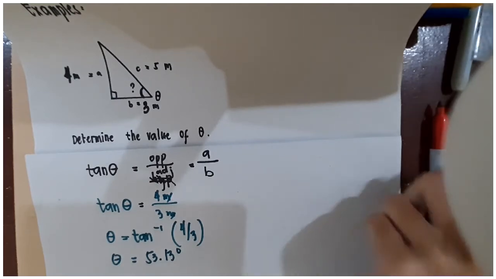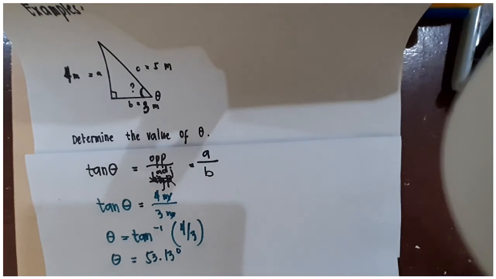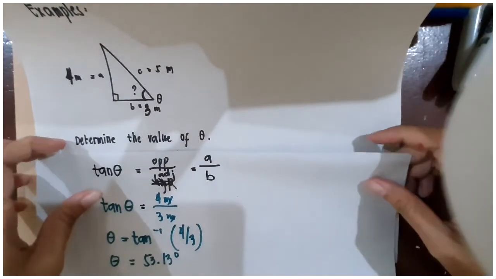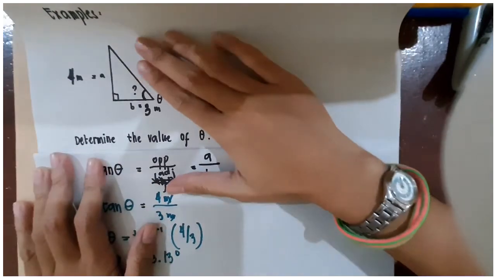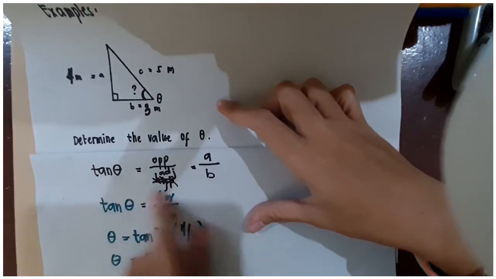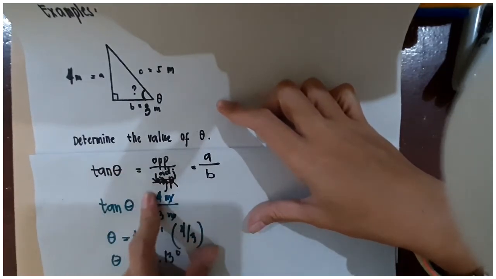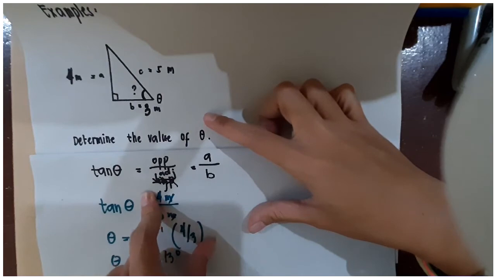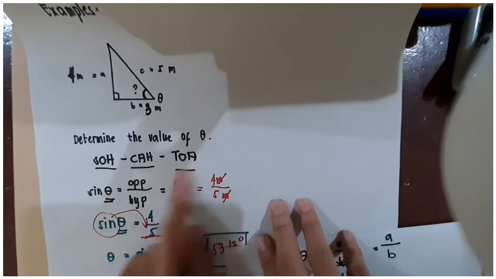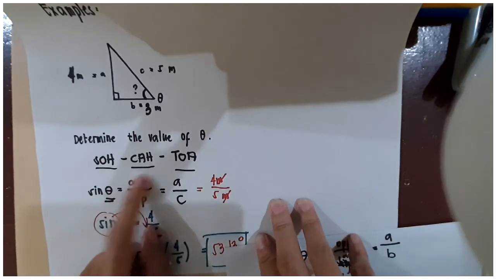It's because you can use these three functions simultaneously depending on the given. So kapag hindi given si C, for example, wala tayong value for C, you can use your TOA or your tangent, opposite over adjacent. Kapag wala naman tayong given na B, so you can use your SOH.